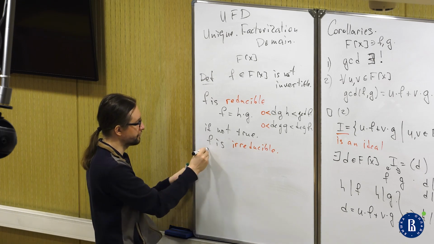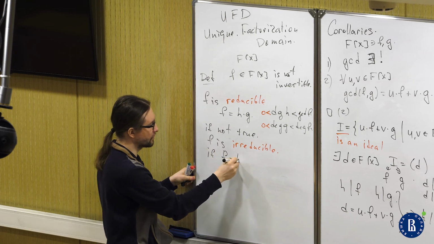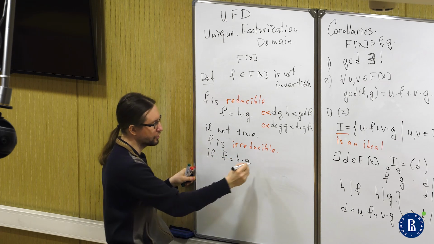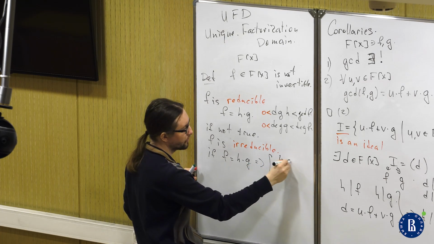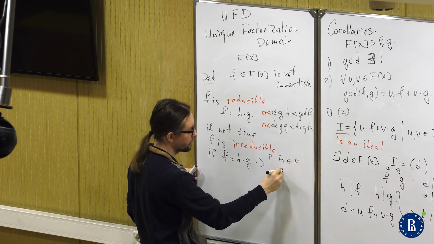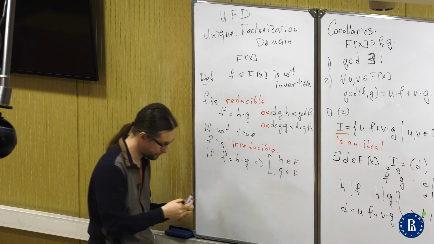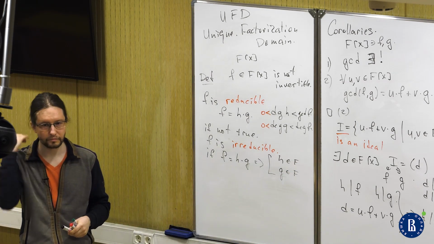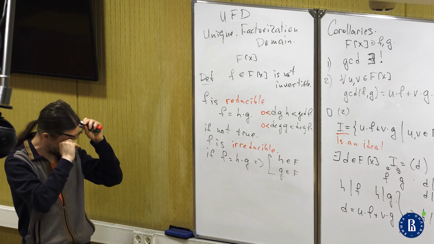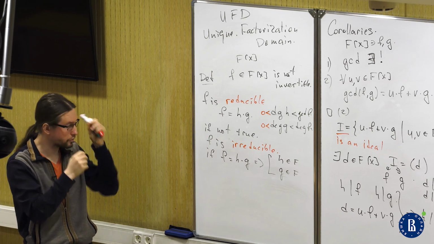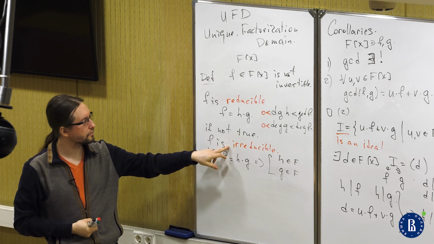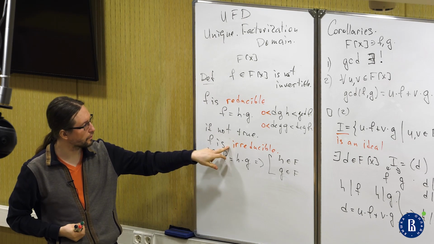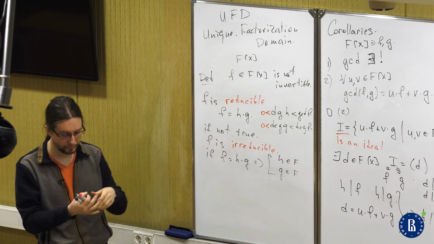So if f can be presented as g times h, then either h is a constant or g is a constant. So this is the definition of an irreducible polynomial. The irreducible polynomials are more or less the analogs of the prime numbers.